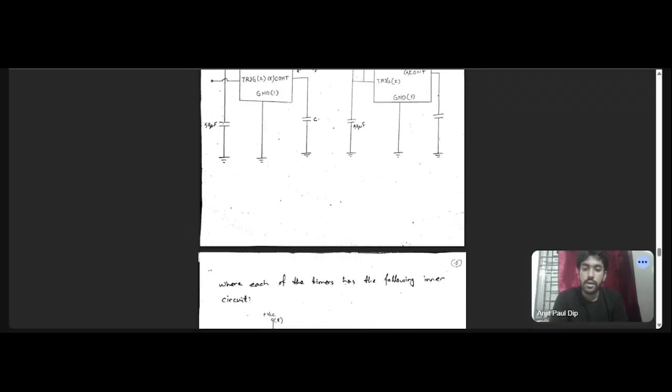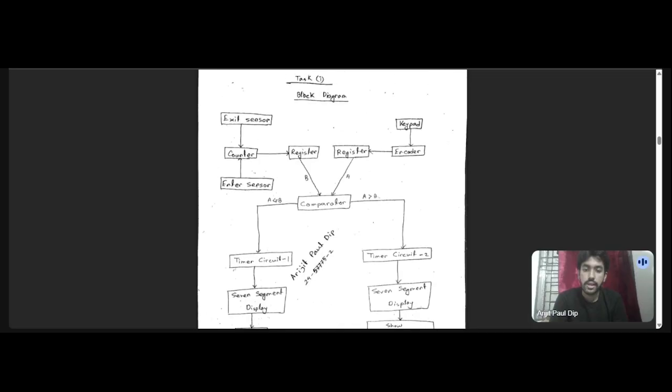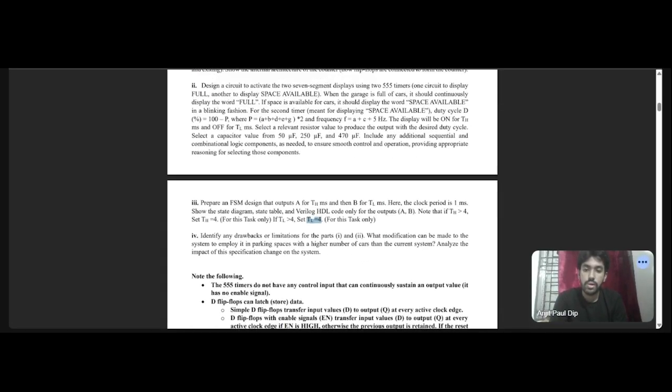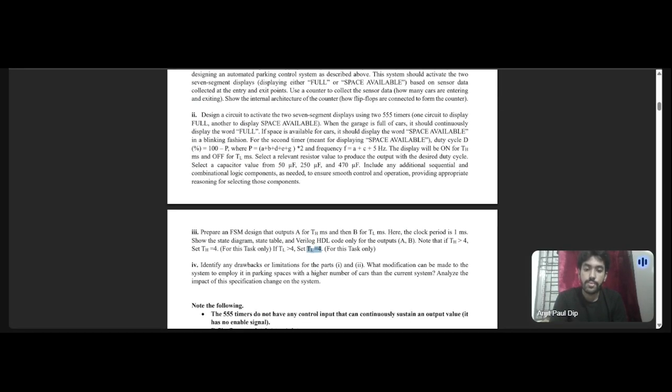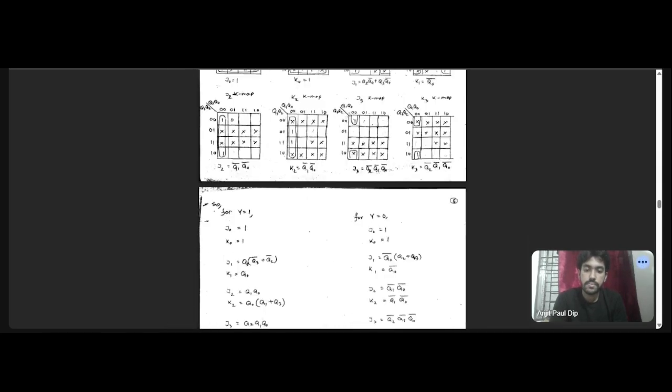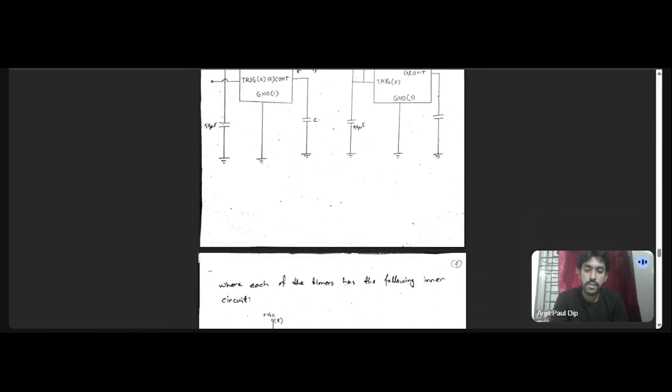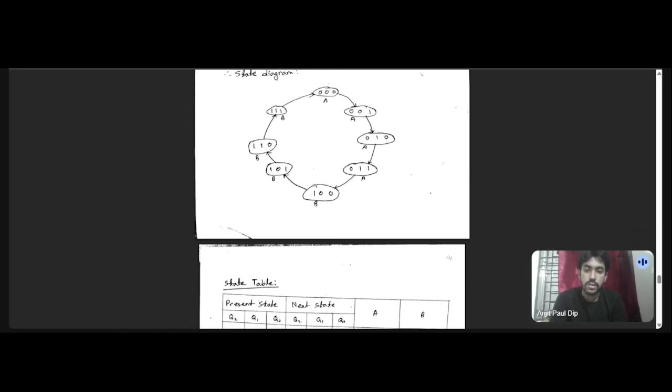and we were set to design an FSM to give an output as mentioned. So the outputs are A and B, and the clock period is 1 second, and we should show A for ultimately 4 milliseconds and B for ultimately 4 milliseconds. So we drew the state diagram for the FSM, which is this.